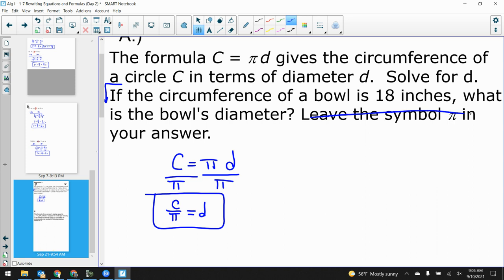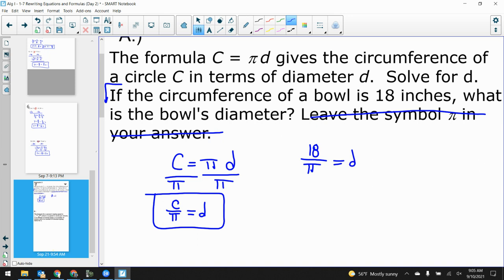You could cross out that last part about leaving your answer in terms of pi. I'm going to give it as a decimal. If the circumference of the bowl is 18 inches, what is the bowl's diameter? Circumference is 18 divided by pi. That's going to equal the diameter.